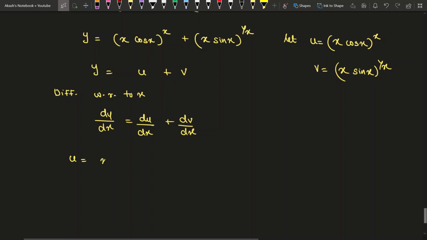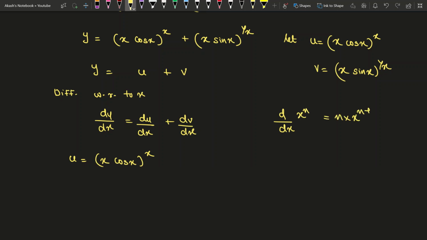Let u equal (x cos x) whole raised to x. We don't know how to proceed. Be very careful: in any question, if the power is given as a variable, you cannot proceed directly. But if it is given as a number, you can, because we know that d by dx of x raised to n, if n is a number, equals n into x raised to n minus 1.